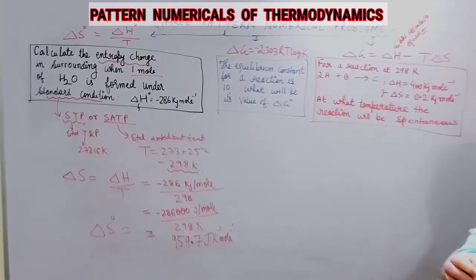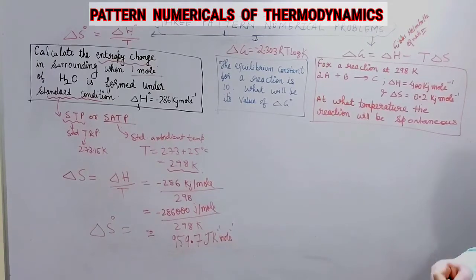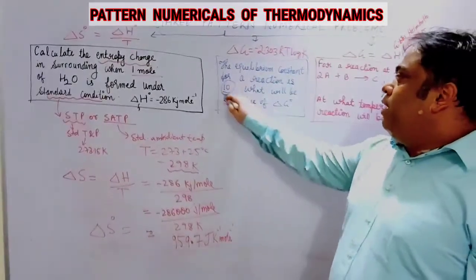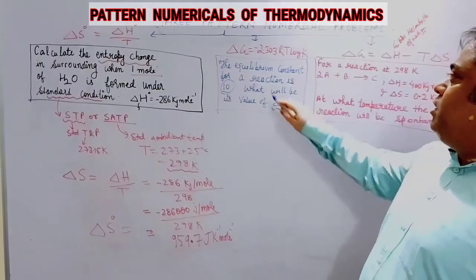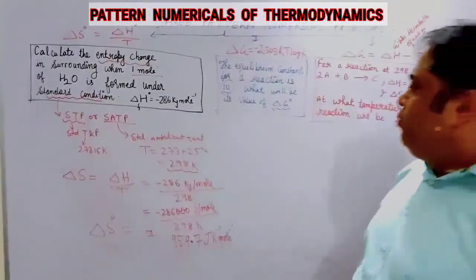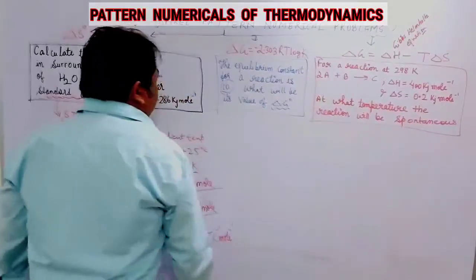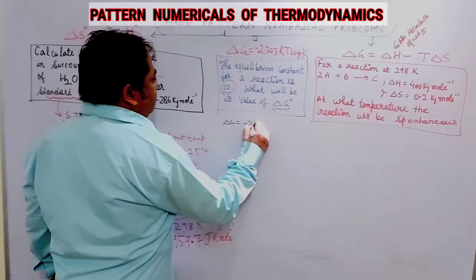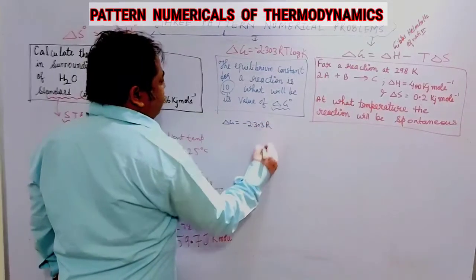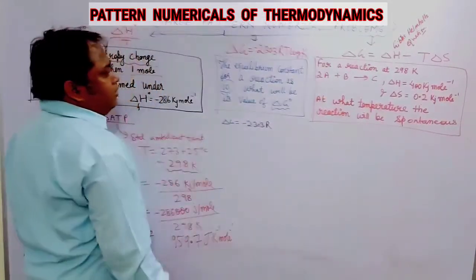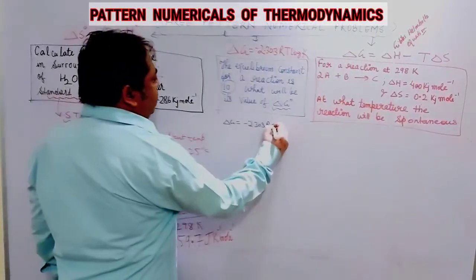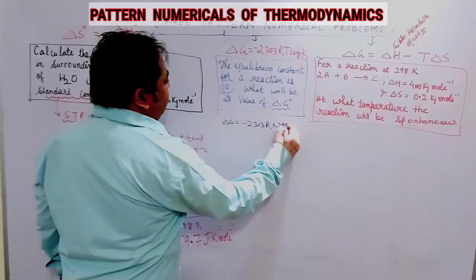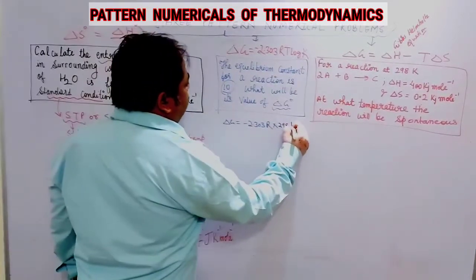Now we will do the next problem. It is given that the equilibrium constant is 10 and we have to find out the value of delta G. The formula which we use is this. You don't have to derive this, you just have to remember this formula. So delta G will be equal to minus 2.303 RT, where temperature in standard condition will be 298 Kelvin, and log 10.